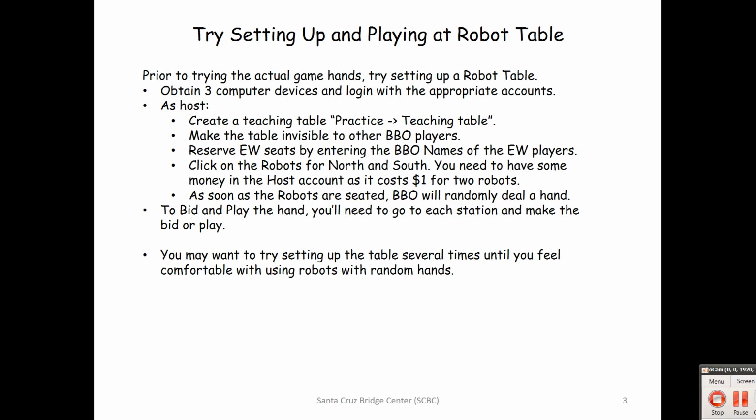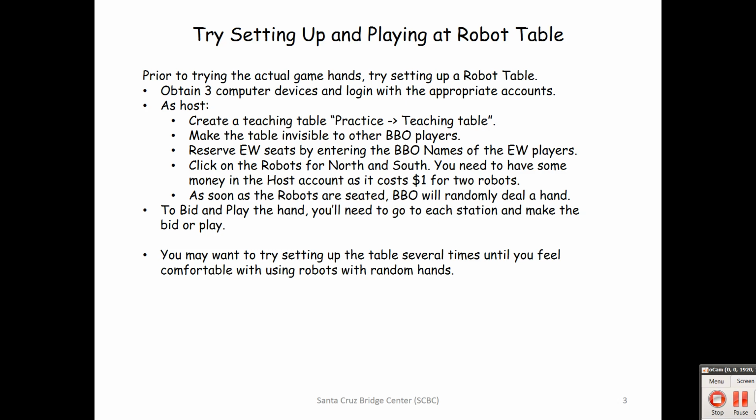As the host of the teaching table, you'll want to make the table invisible to other BBO players. You don't want them to pop into the east-west positions unannounced, and thus you have to kick them off to bring in your east-west players. So make the table invisible, and they will not see your table, and they won't jump in to the game.